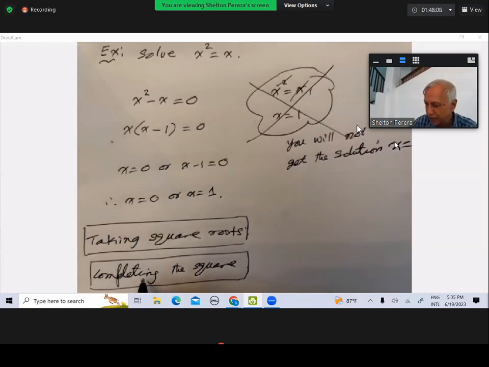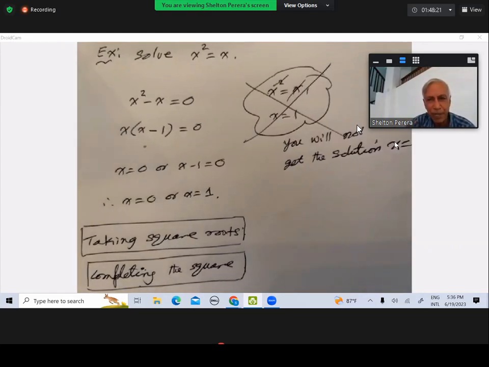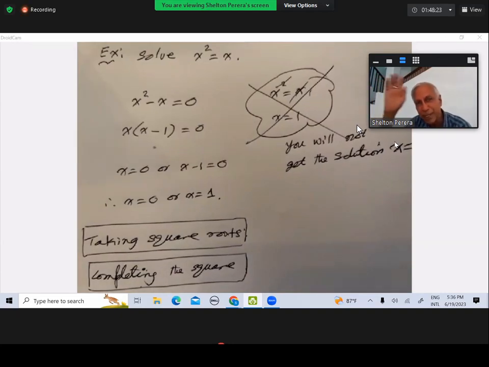Okay, completing the square. I know O-level students, they curse when they have to do that. Too many tedious things happen. But for O-level also there is the quadratic formula. When you do calculus, it is your ability to somehow get the solutions of the quadratic, regardless of the method.